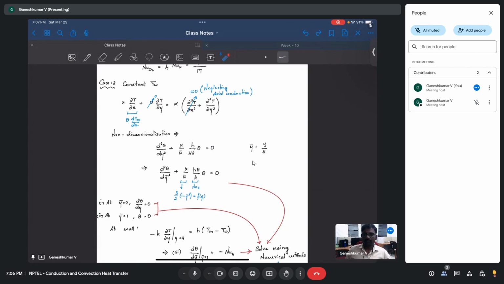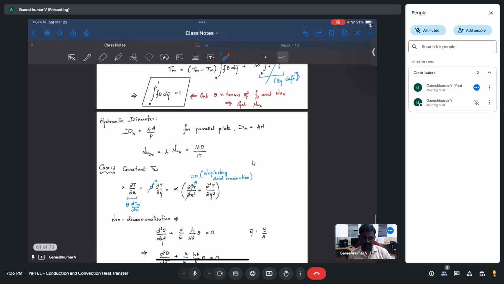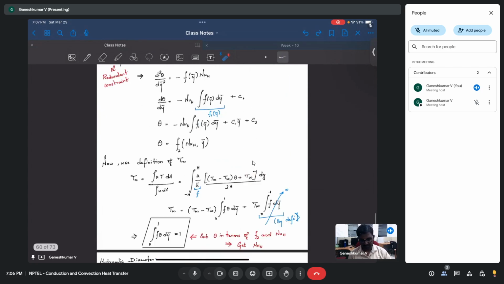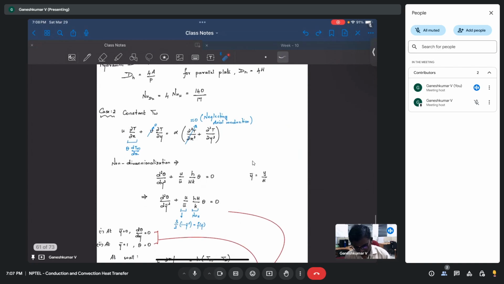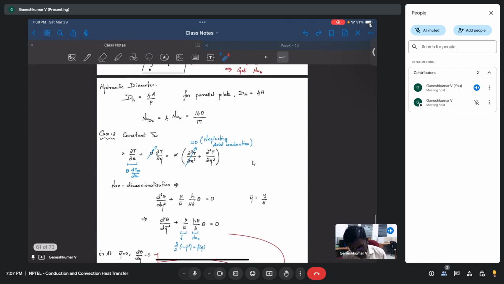Yeah. So basically, what we did is we did it for two cases, as we discussed: constant heat flux and constant wall temperature. Constant heat flux, we were able to analytically derive it because there was no non-linearity, and we were able to derive the Nusselt number of flow inside a parallel plate, a fully developed flow.